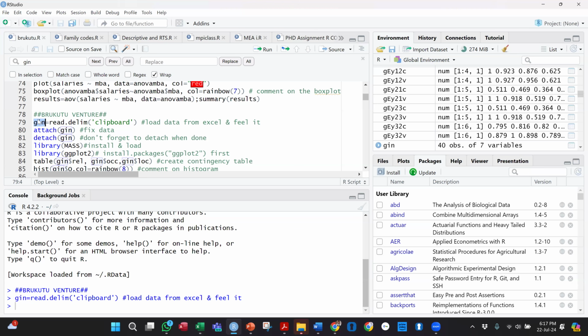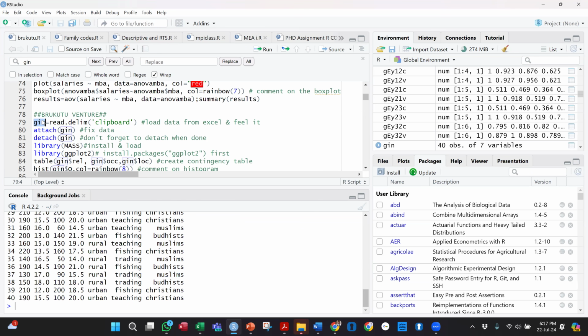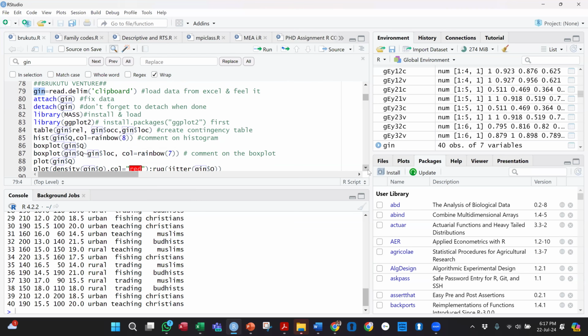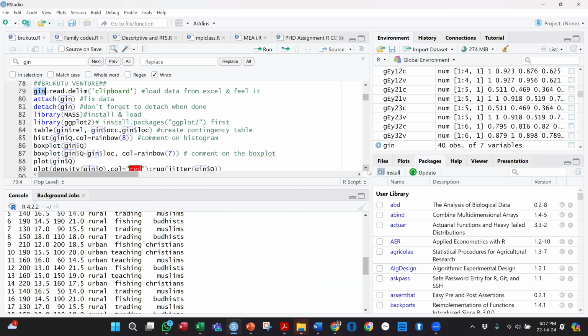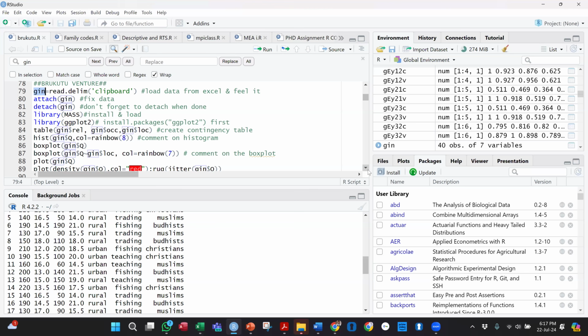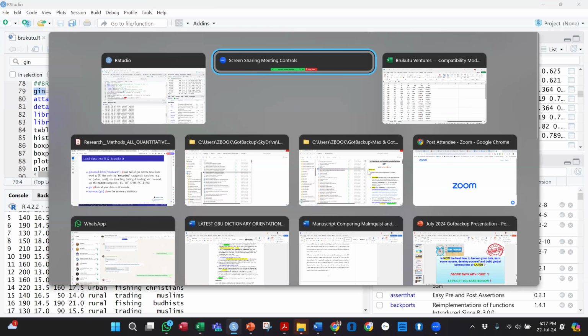So to show it, just highlight the name, the one on the left-hand side of the equal to, and click Run again. You will see, as you can see here, down in the console, that the data set is now showing. You're done. That is the main part of the data.